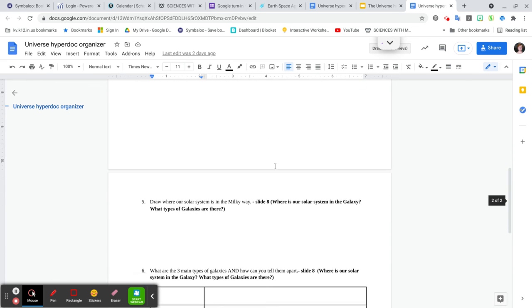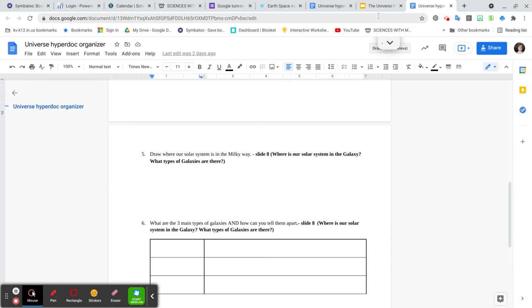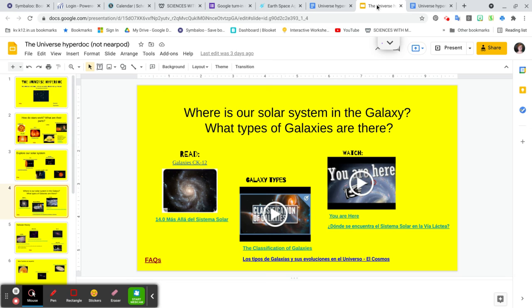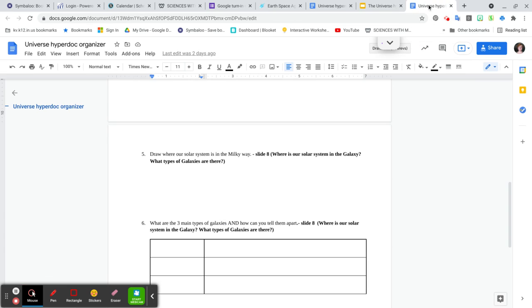Go to this one. What types of galaxies? This says it should be slide 8. I think the slides have changed numbers. Yes, they have. This is still slide 4. Okay, so just look at the title, galaxies. It should be slide 4.